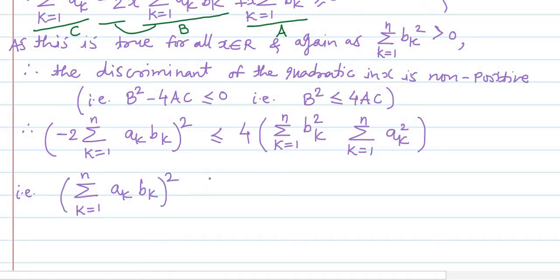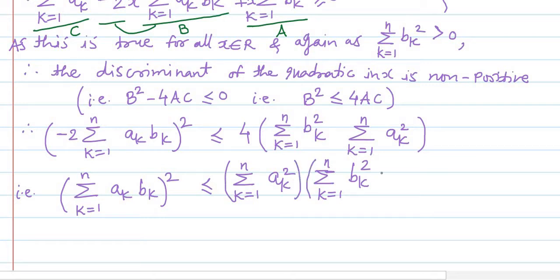This is the left hand side, and it is less than equal to summation over k equal to 1 to n ak square into summation over k equal to 1 to n bk square. To avoid the confusion, I am using this parenthesis here.